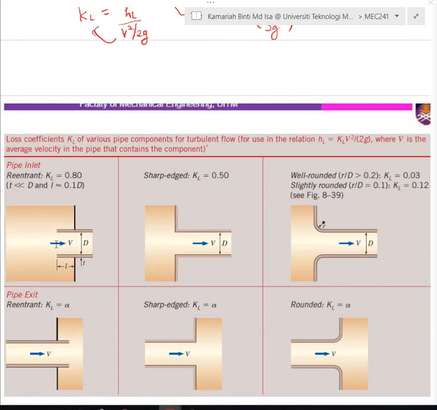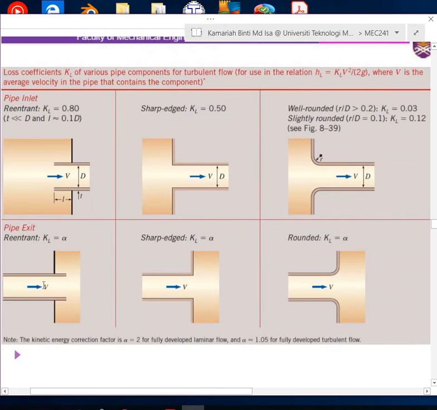This will have a larger loss coefficient, while the sharp edge will have a larger loss coefficient compared to the well-rounded or slightly rounded inlet. The pipe exit also has re-entrant, sharp edge and rounded edge, where KL equals alpha for each.